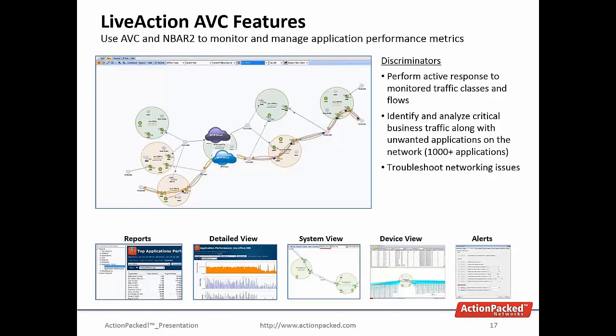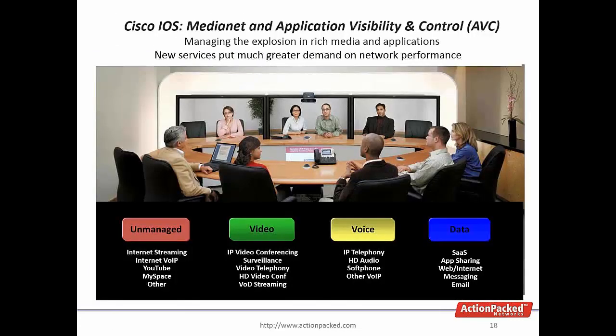This is a quantum leap of being able to get information now with deep packet inspection without the use of a probe. So no adding of probes or taps or span ports needed. We're now leveraging the functionality that's in the IOS for platforms such as an ISR G2 and an ASR. So we do see Medianet and application visibility and control coming to the forefront now.